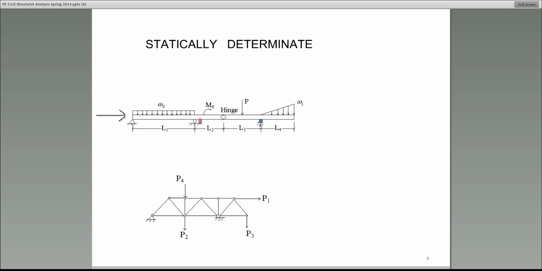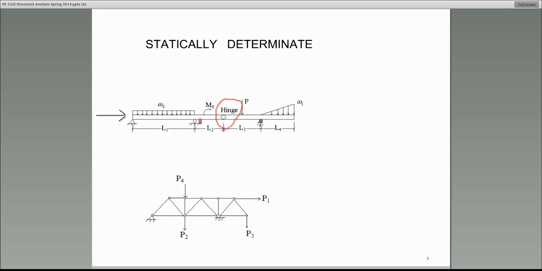With this particular beam, there is a condition that I have to highlight for you, and that is simply this hinge. Does everybody see that? That's called an internal hinge. And usually they either use the word hinge or they use a circle within the beam, as you can see there.